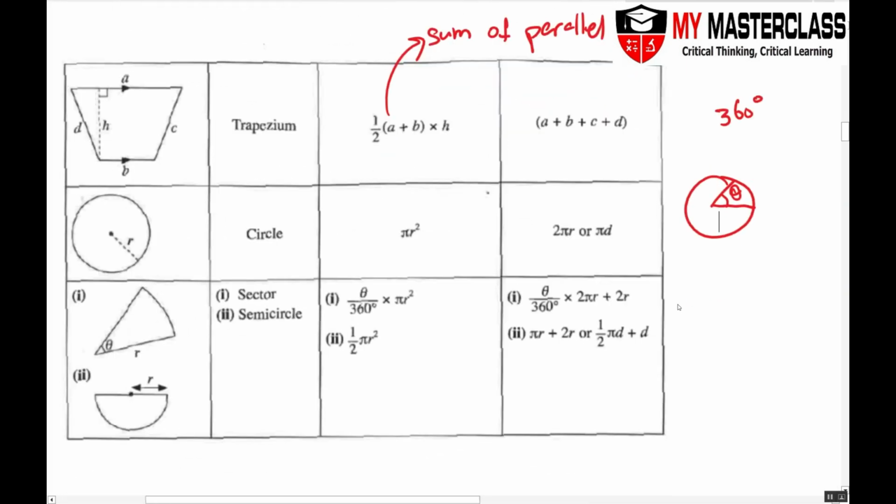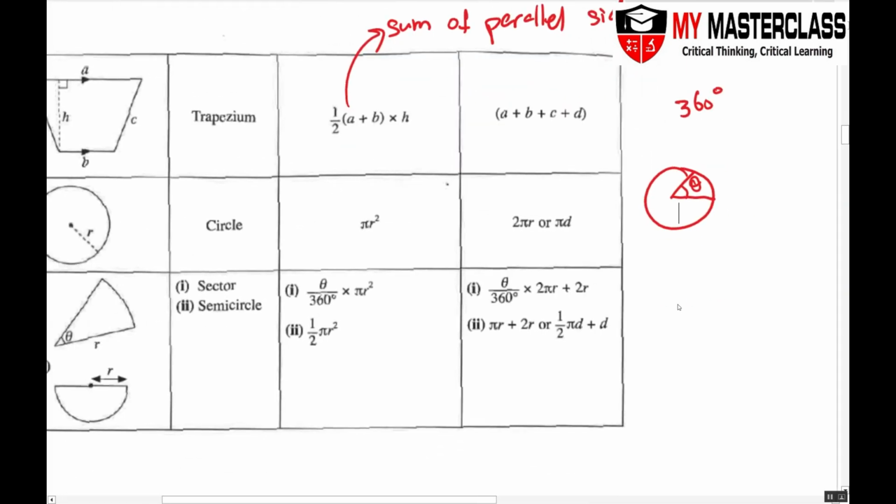What you can visualize is that I am taking a chunk of the circle, and the ratio of the chunk that I'm taking is the angle over the 360 degrees, which is the total angle within the circle, times pi r square. So this is a bit like a ratio type of formula.